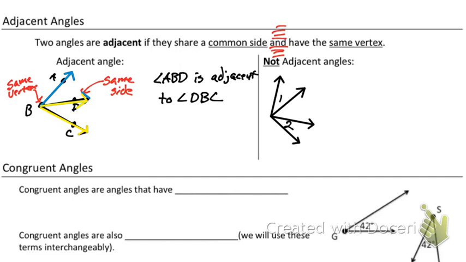Angle 1 and angle 2 are not adjacent. They have the same vertex, but they're not sharing a side. So 1 and 2 are not adjacent.